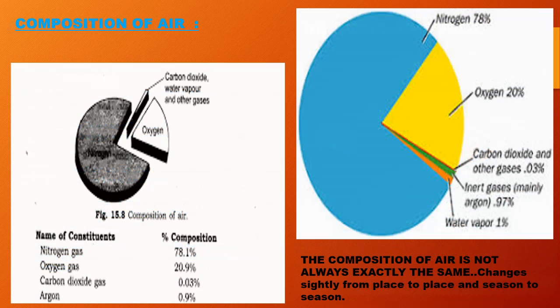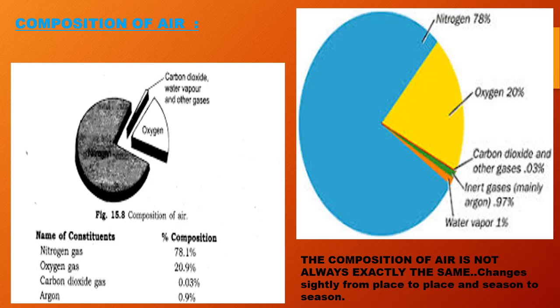Now we are coming to a very interesting fact, that is the composition of air. Although we can see and feel the air, in the air, different gases are present in different compositions, which we are not normally able to understand.